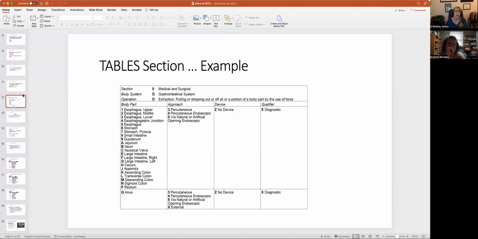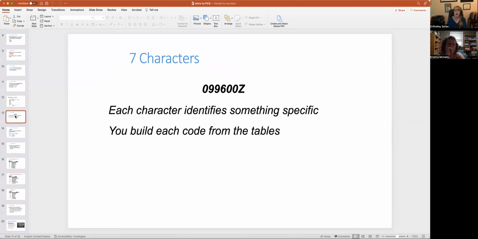Okay. All right. But remember, you're going to start in the PCS book because it's got what it means. Okay. So look at this. 7 characters. Each character identifies something specific. You build each code from the tables, and this 7-character alphanumeric mishmash actually means something specific, very specific.